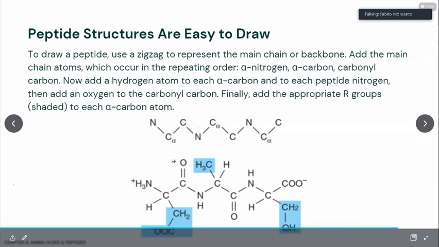This is the alpha carbon. That carbon is this one. That's the carboxyl carbon and the amino group. And the CO and NH forms what you call your peptide linkage. Now here is another CO and NH linkage.